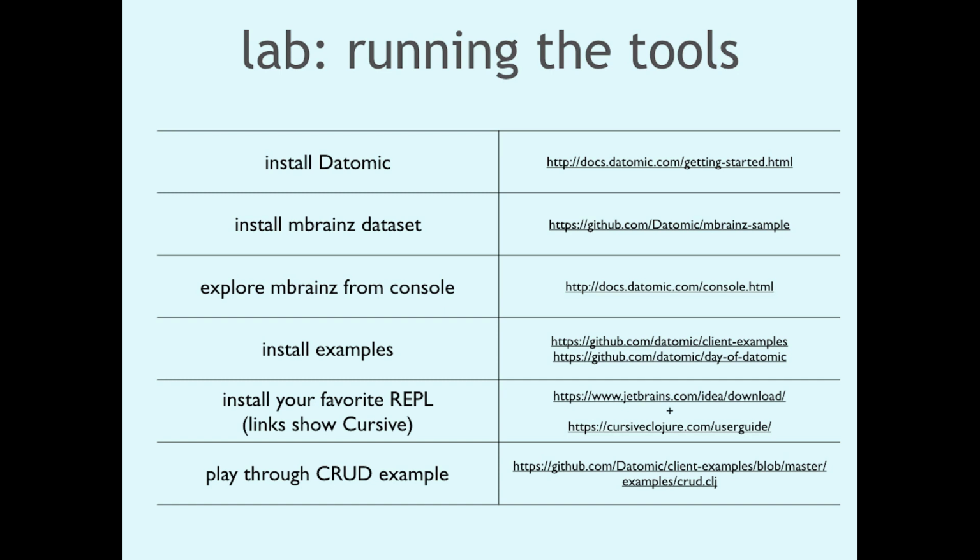Then you're going to connect to the console. The console is a GUI app that lets you look at data, so this will let you poke around. You'll connect and then go up here and choose the MusicBrainz database, which is the full MusicBrainz data set.